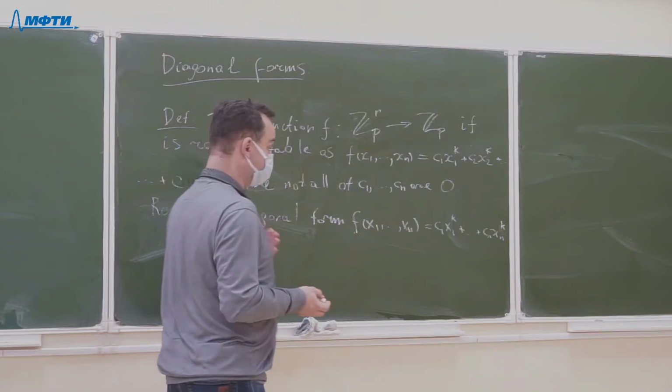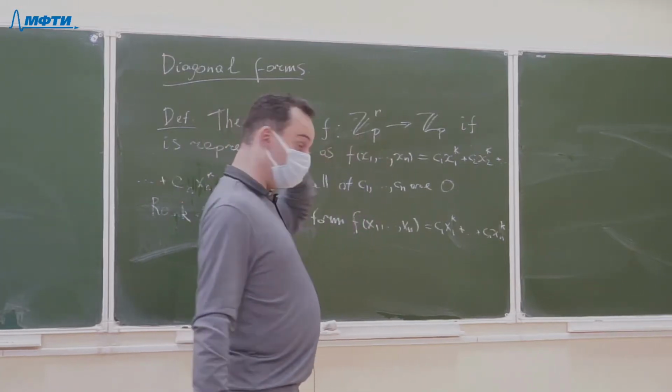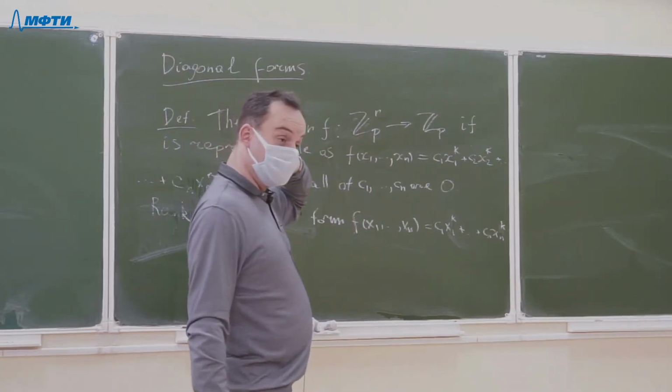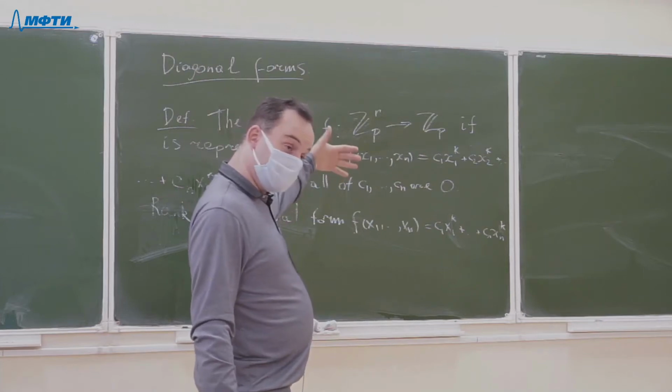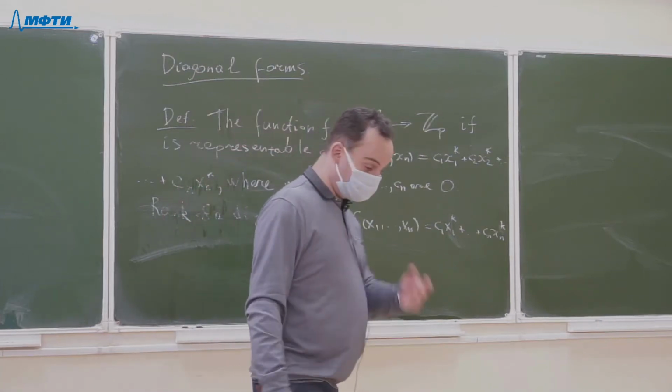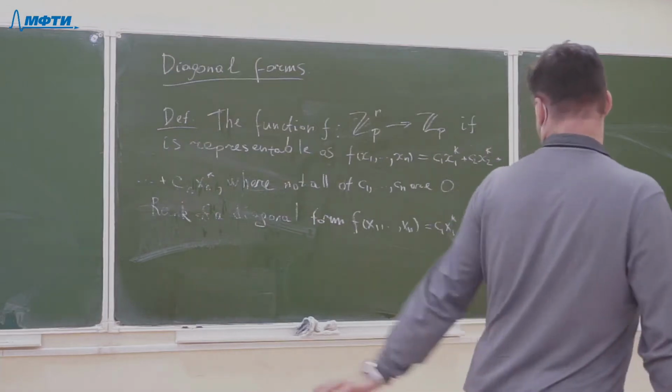Not all. So the function which is constant 0 is not a diagonal form, right?